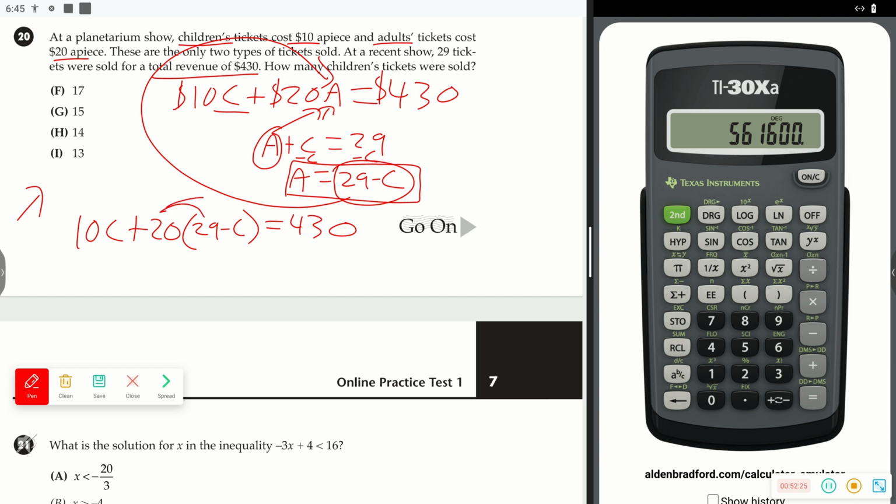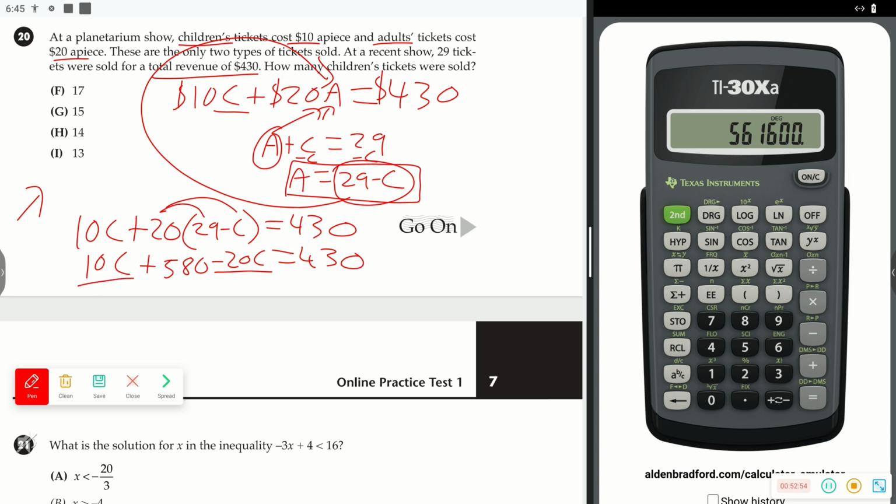So first we have to distribute by doing 20 times 29. 20 times 29 is going to be 580. So we have 10C plus 580 minus 20C equals 430. So now we can combine like terms.